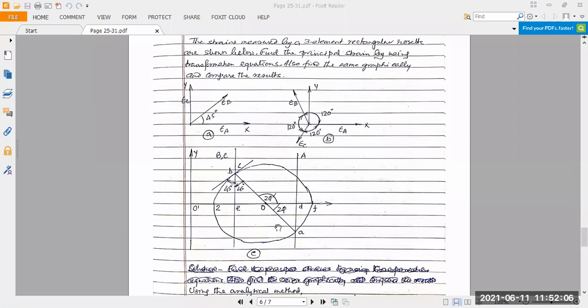This intersects at O and gives us the center of the whole circle itself.